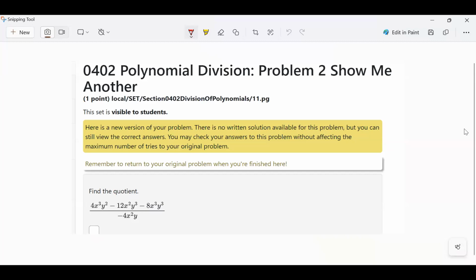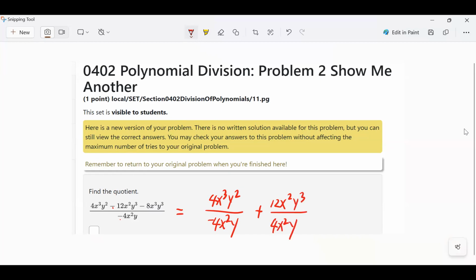Okay, so first of all, you're going to split up. So you split it as y cubed over y squared on the bottom, minus y squared y. That's the first term. Second term, the two negatives turn into positive, so you get 12x squared y cubed over 4x squared y.